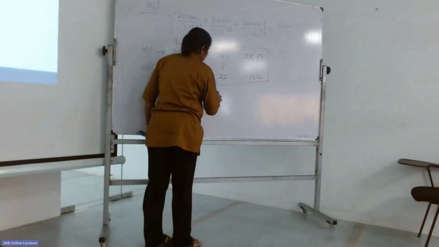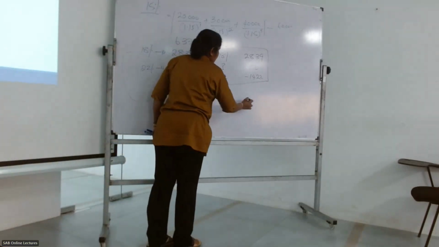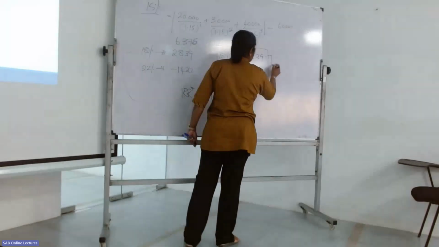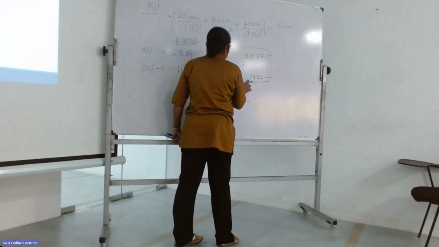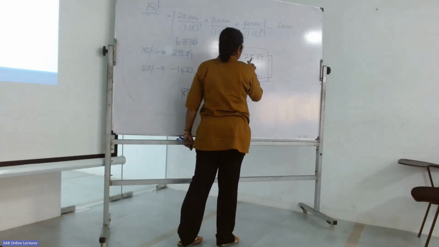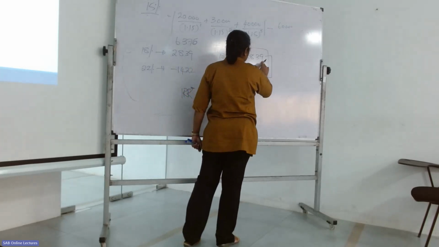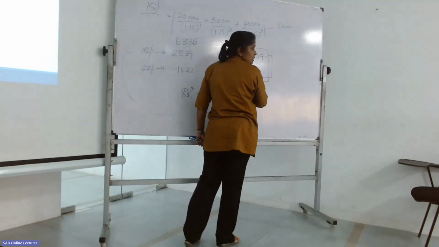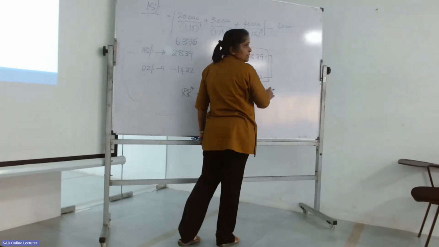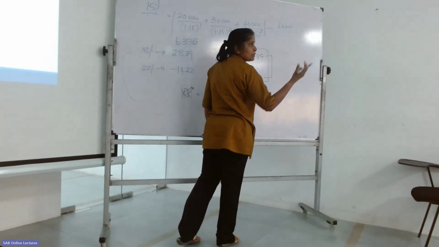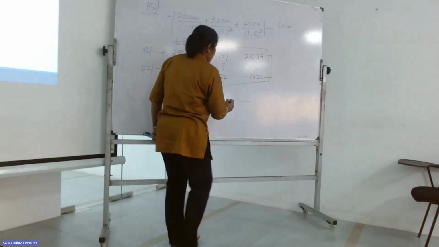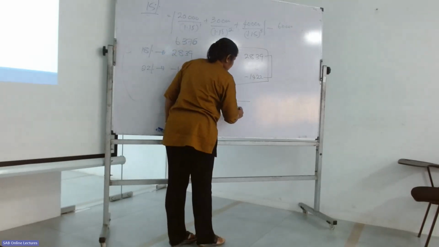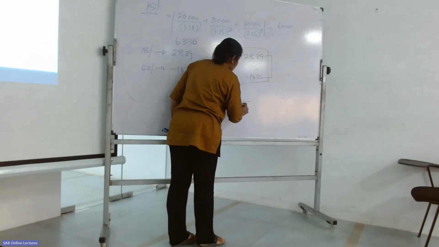So 18% plus the difference between the largest and the smallest value: 2,839 minus minus 1,422, which gives 4,261.